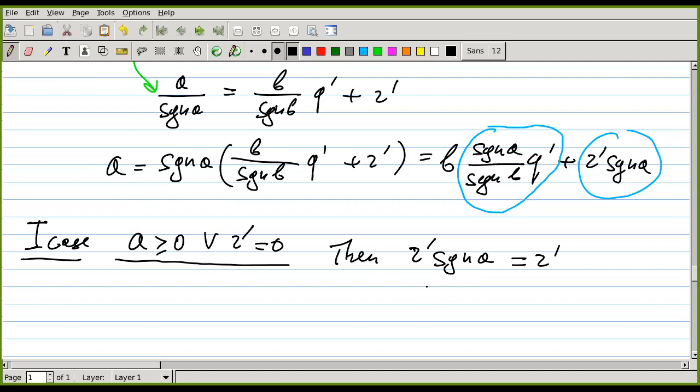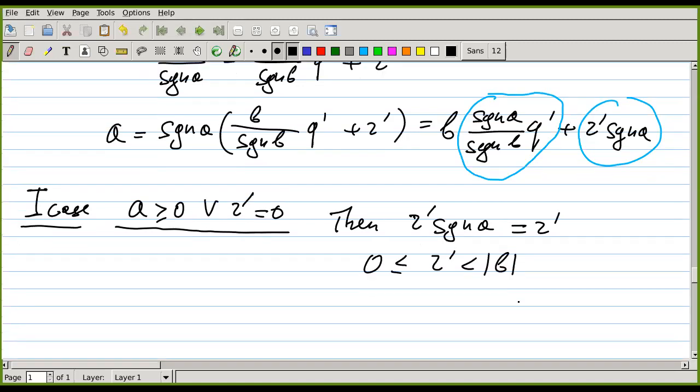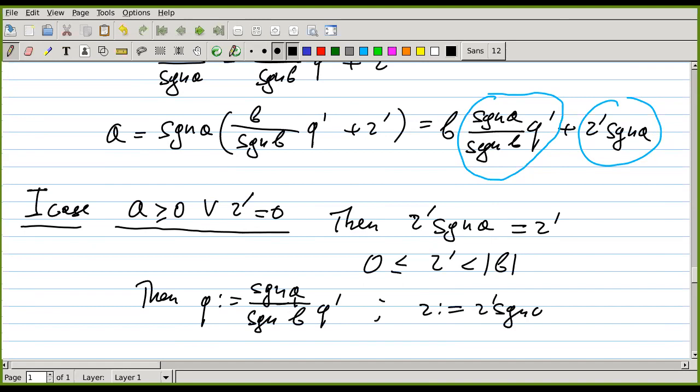But we know that R prime is between 0 and the absolute value of B as required. So then we can take this, the sign of A over the sign of B, we can take this one for Q and take this one for R, and everything will be okay.